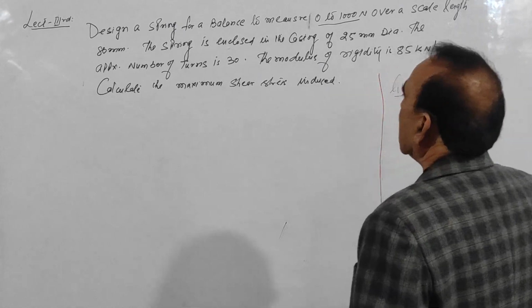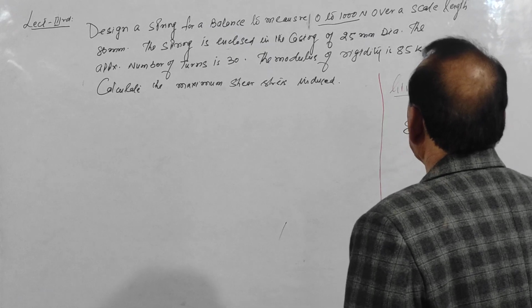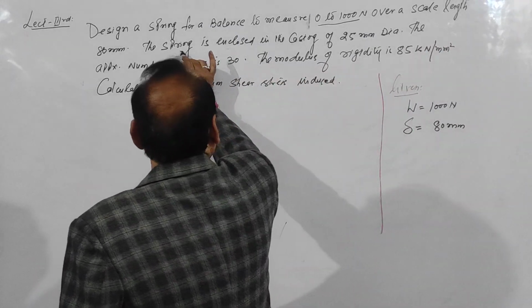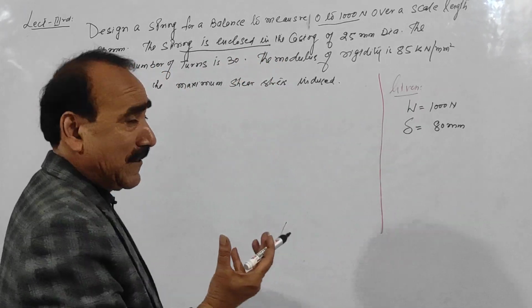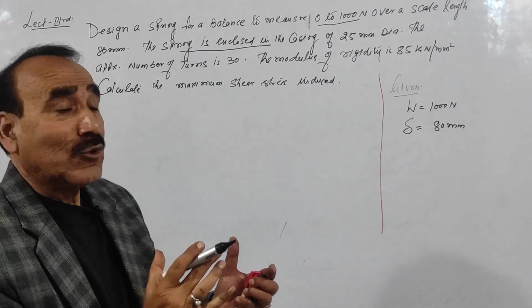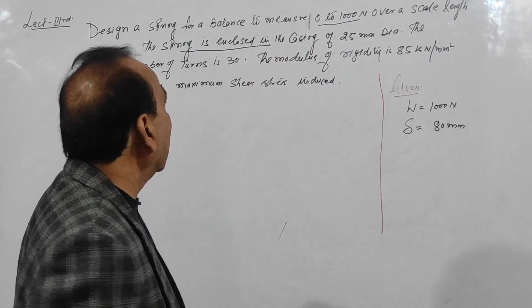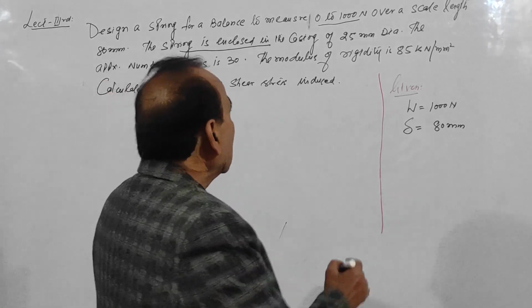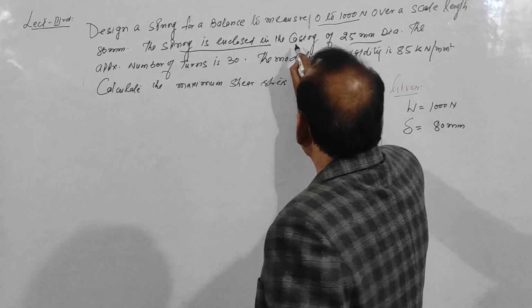Right. The spring is enclosed in the casing of 25 mm diameter. This is very important line. Just try to understand. ये जो स्प्रिंग है, this is enclosed in the casing. एक केसिंग में स्प्रिंग को एनक्लोज किया है जिसका जो डायमीटर है, that is the 25 mm diameter. तो ये जो आपका डायमीटर है ये डायमीटर किसका है? केसिंग का.